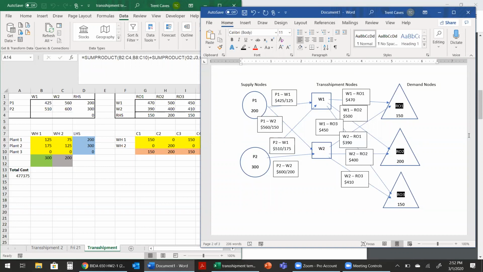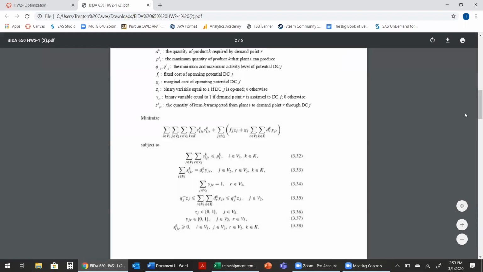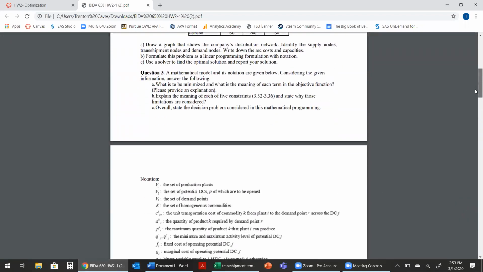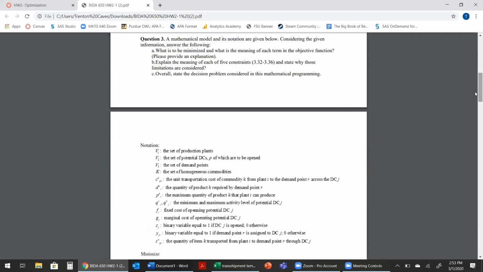With no more questions about question 2, we'll move on to the third question. This is a question where we're given the reverse order.